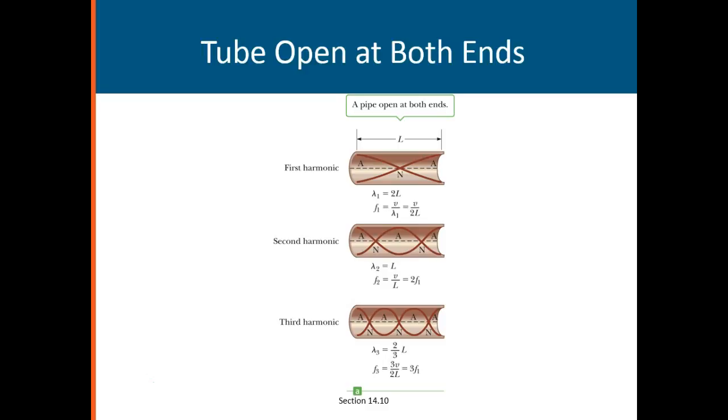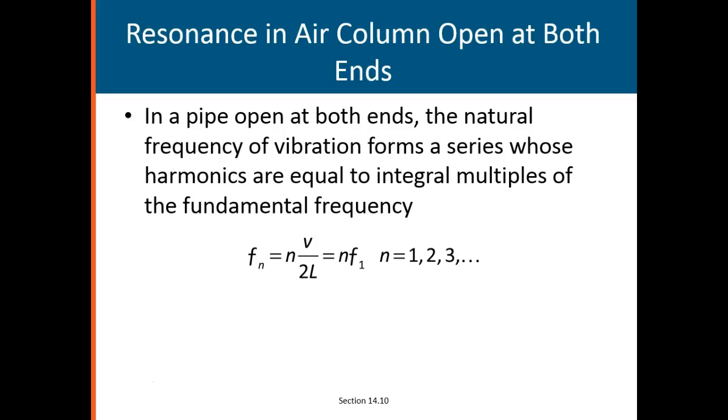A pipe open at both ends, natural frequency of vibration forms a series whose harmonics are equal to integral multiples of the fundamental frequency. Fundamental frequency would be where you have half a wavelength, okay? In other words, F1 is V over 2L, okay? I'm sorry.